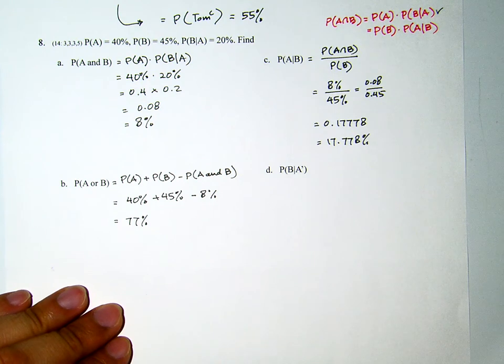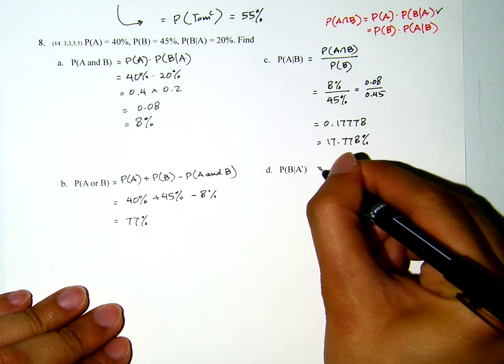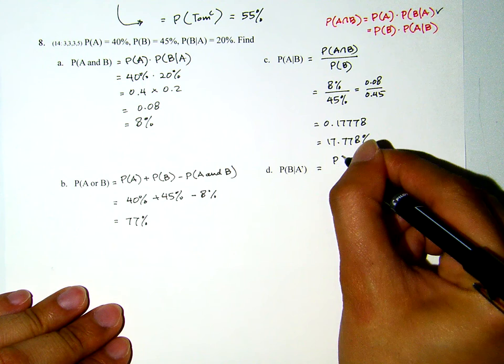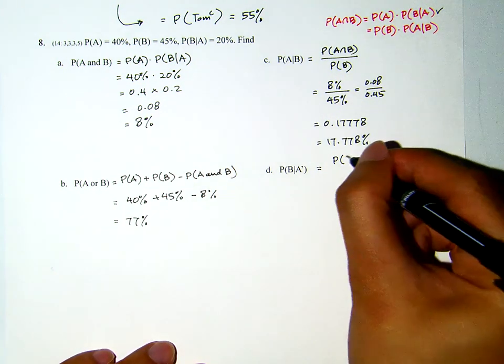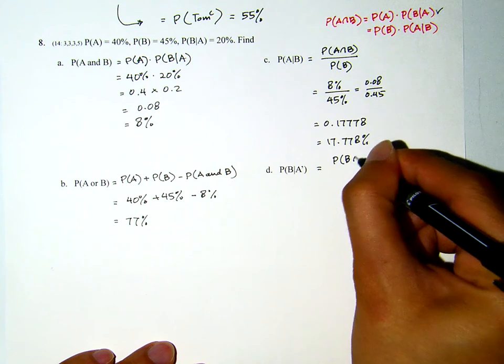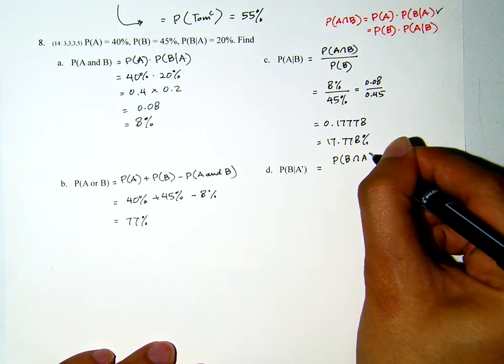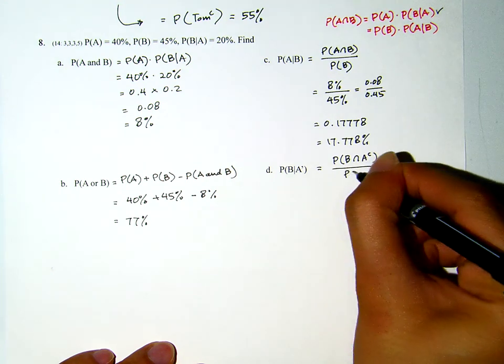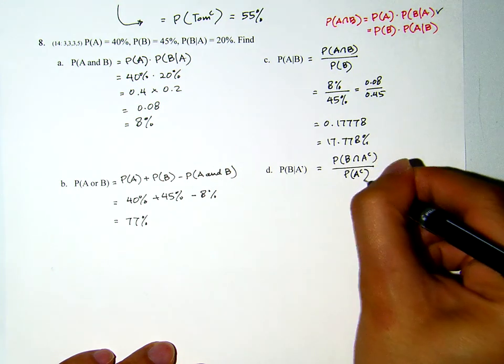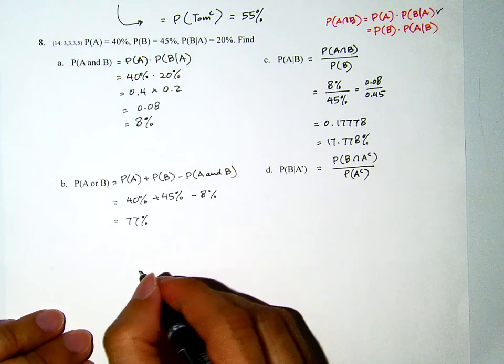Now part D, pretty much similar. That's a probability of B given not A. That's probability of B and A complement over probability of A complement. Now I think probability of A complement is easy.